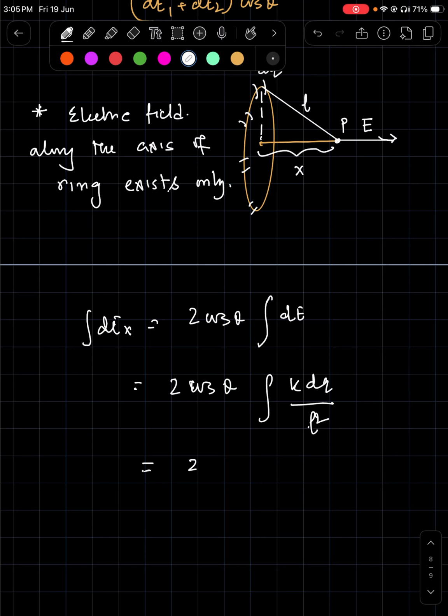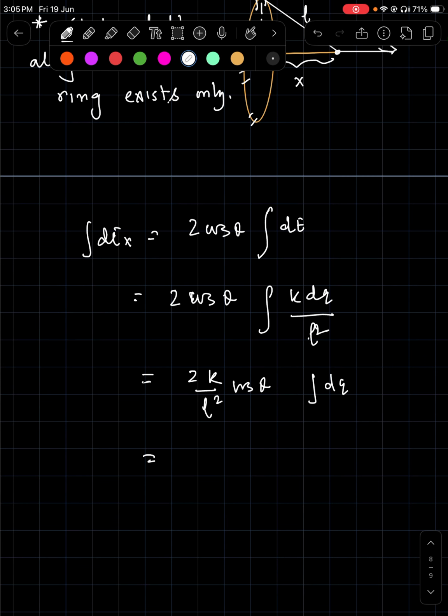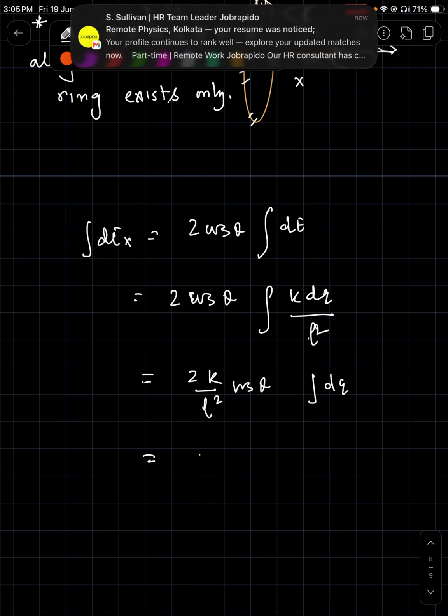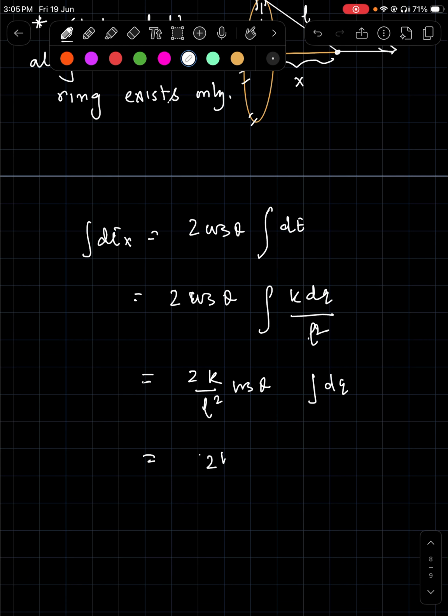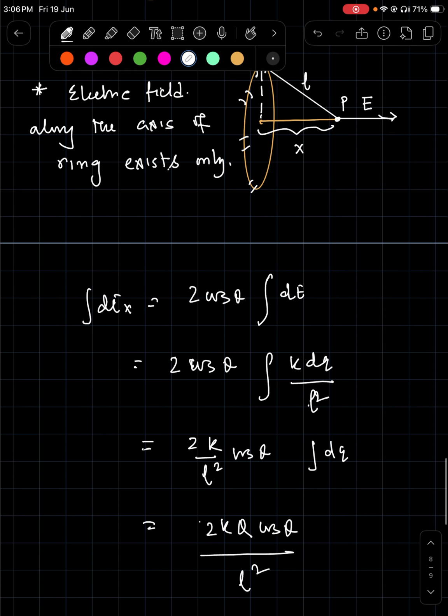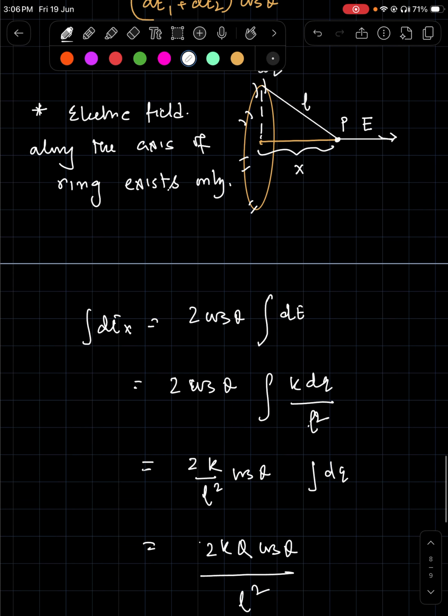So 2k by L square cos theta, all the factors are common, only the integration over dq remains, and the total integration of dq gives the total charge of the ring, say capital Q. So 2kQ cos theta by L square. Simple.